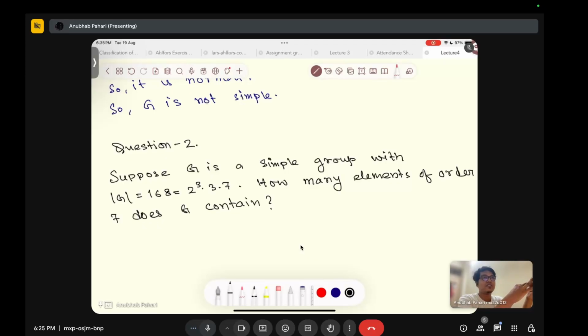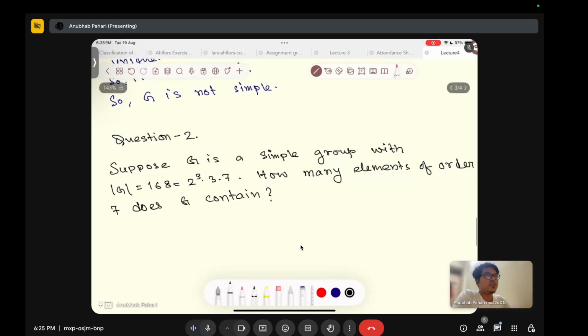So there will be eight subgroups of order seven, and there are six elements of order seven in each of them, so 8 into 6 is 48. Okay, I'll just start writing down the solution.